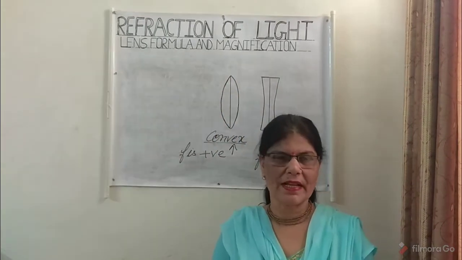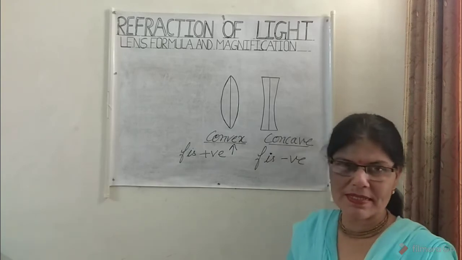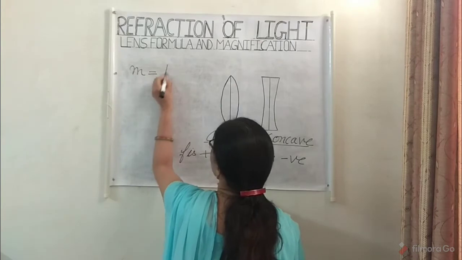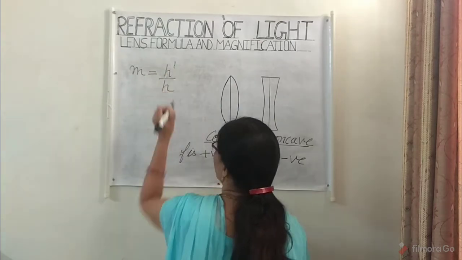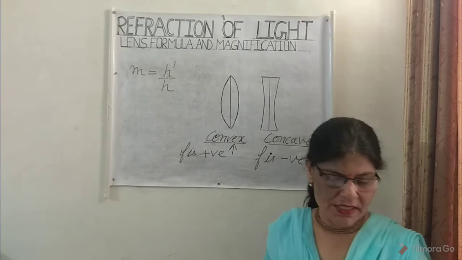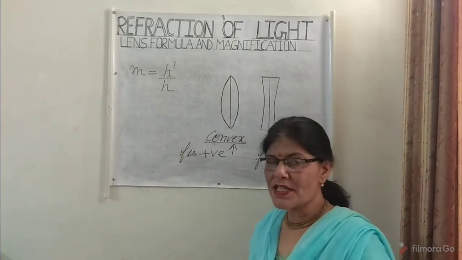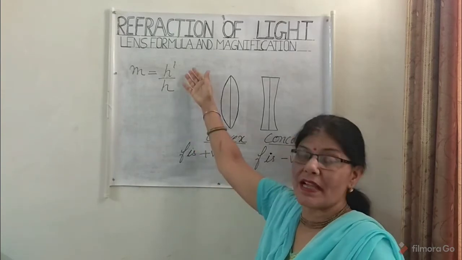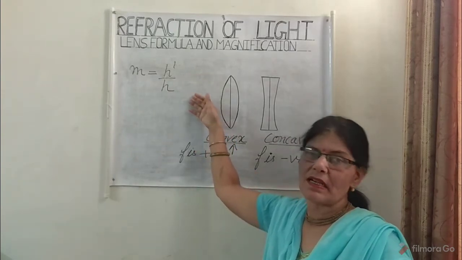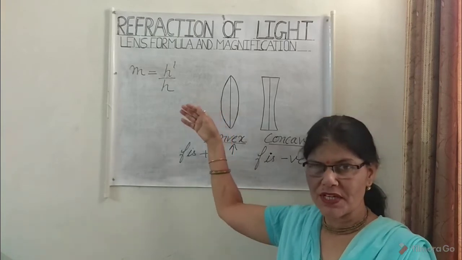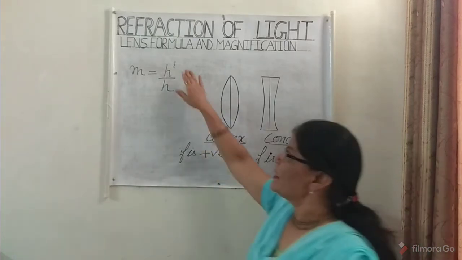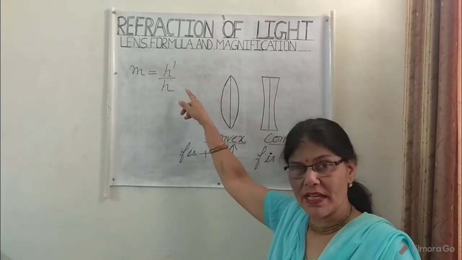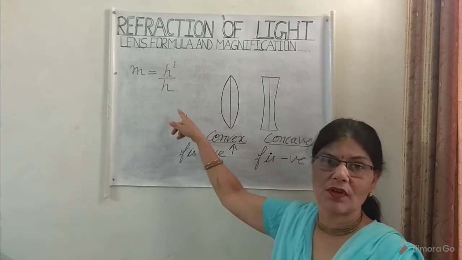Next topic is magnification. Magnification is represented by small m, which is equal to h dash upon h. h dash is the height of the image and h is the height of the object.